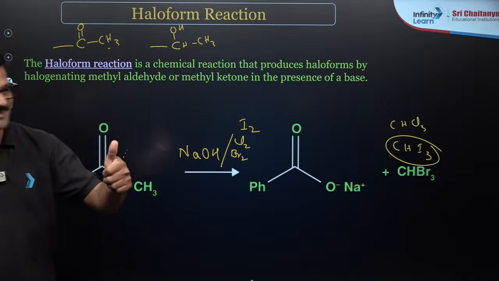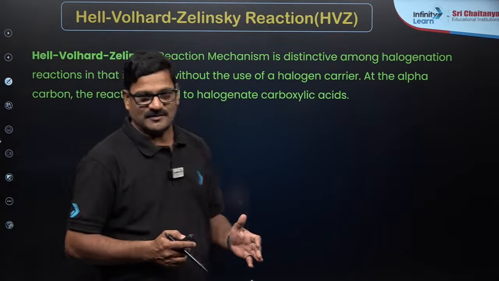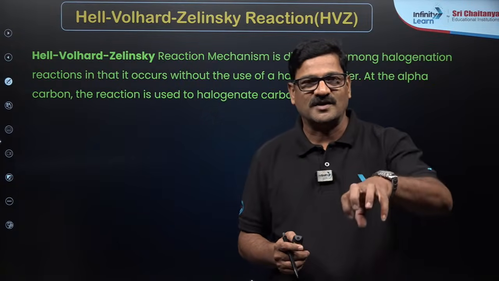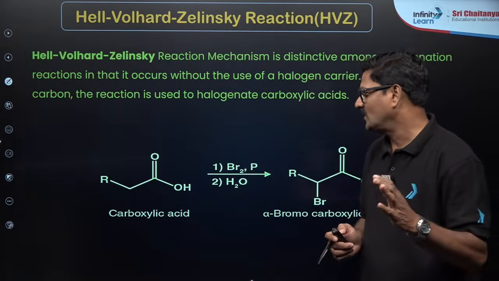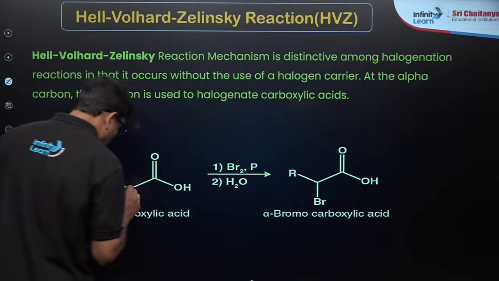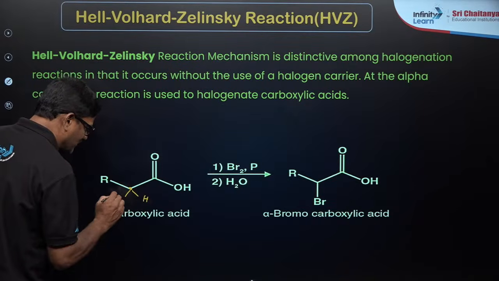Okay, you understand? Moving ahead, Hell-Volhard-Zelinsky reaction, HVZ reaction. In carboxylic acid, alpha hydrogen is replaced with a chlorine or bromine in the presence of red phosphorus. This is your carbon and this is your alpha carbon, and alpha hydrogens are present here.